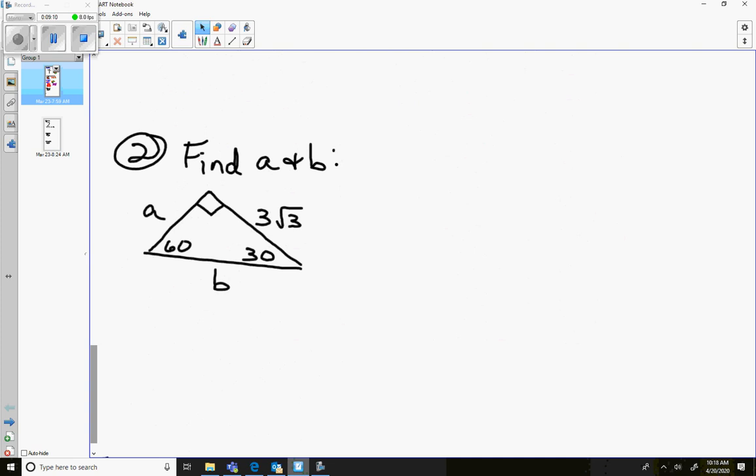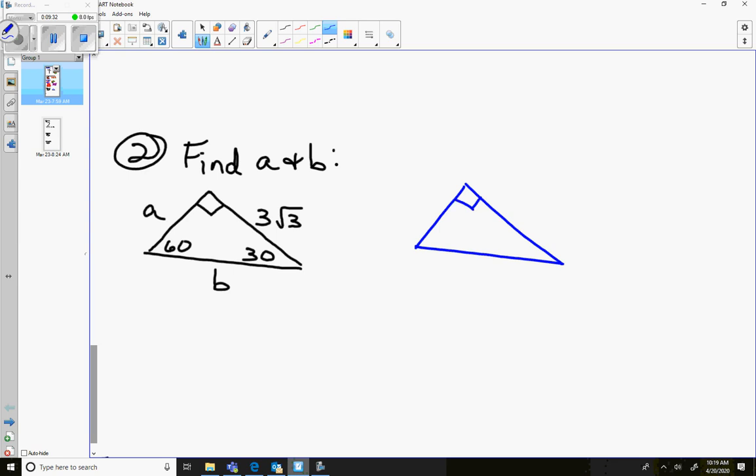Number 2, another question, find A and B. Now, it looks weird, it's all turned cockeyed, but it's still a 30, 60, 90 triangle. So, just as we did before, draw your standard 30, 60, 90 triangle, but you want to draw it to look exactly like the one that was given.